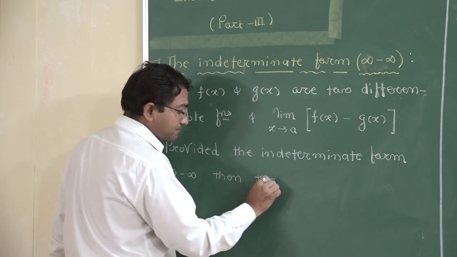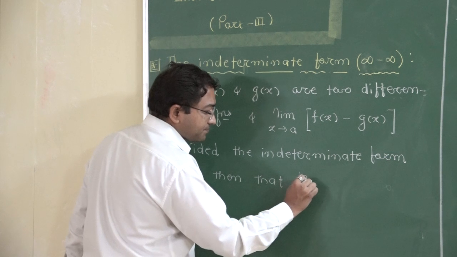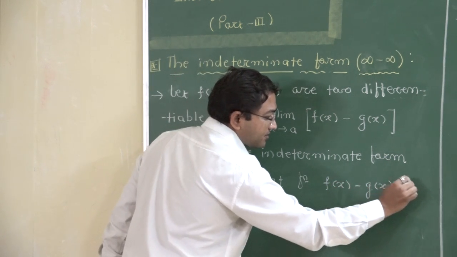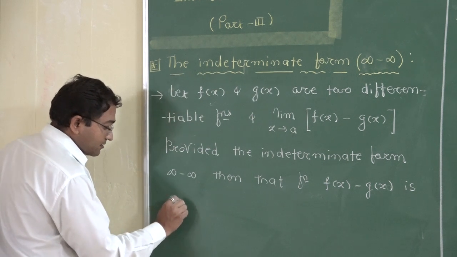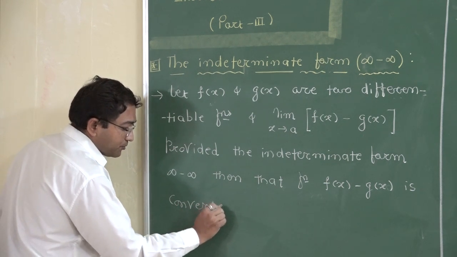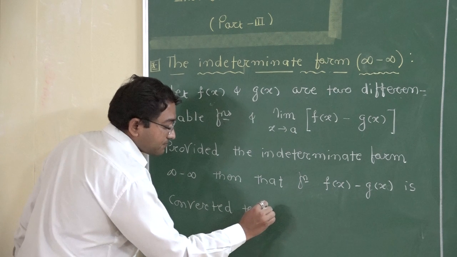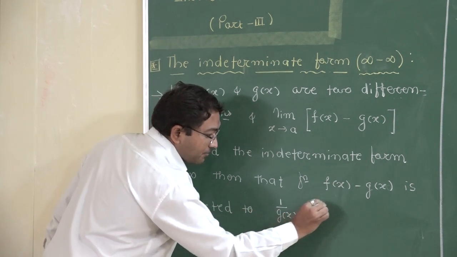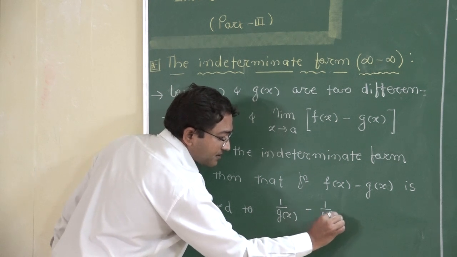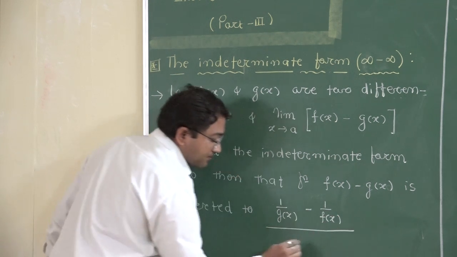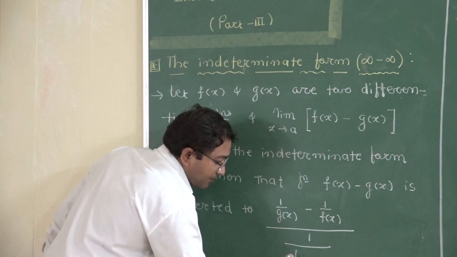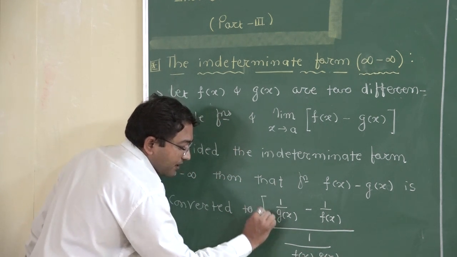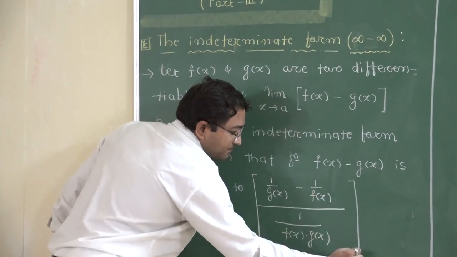Then that function f of x minus g of x is converted to 1 upon g of x minus 1 upon f of x, upon 1 upon f of x into g of x. Multiplication of 1 upon f of x into g of x.